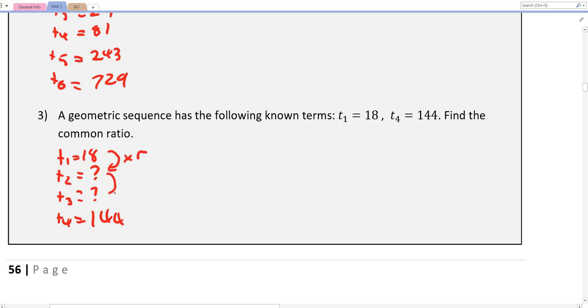When I go from T2 to T3, what have I multiplied by? R. From T3 to T4, times R, like a pirate. Would it be correct then to say T4 is just T1 times by r times by r times by r. Do we agree, guys? That is a true statement.